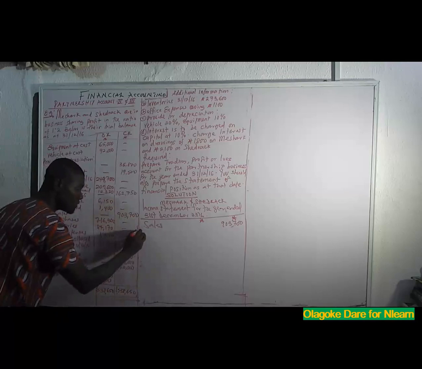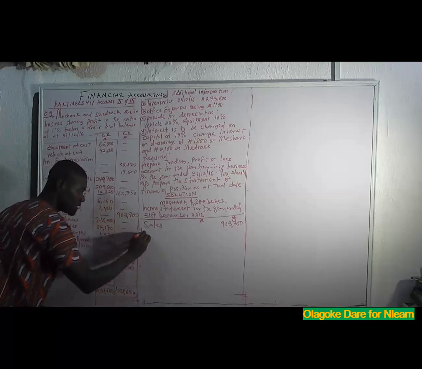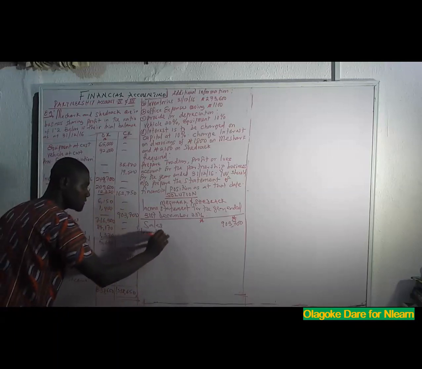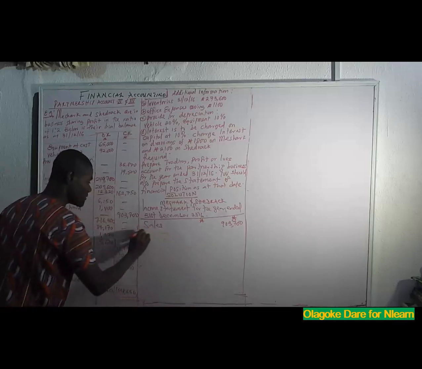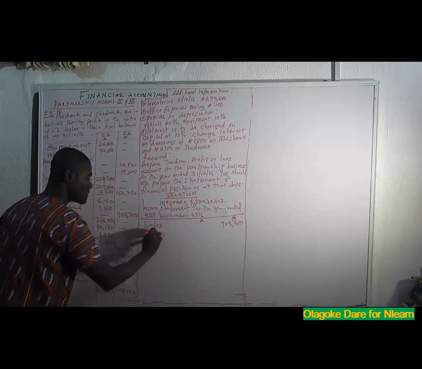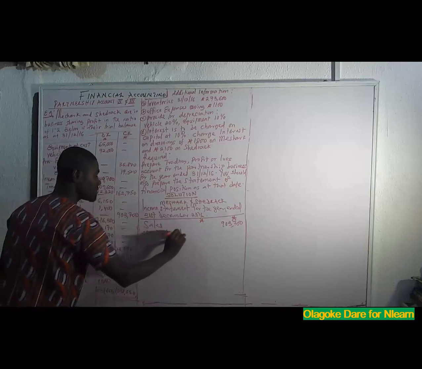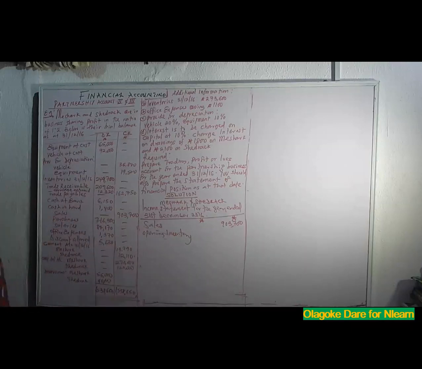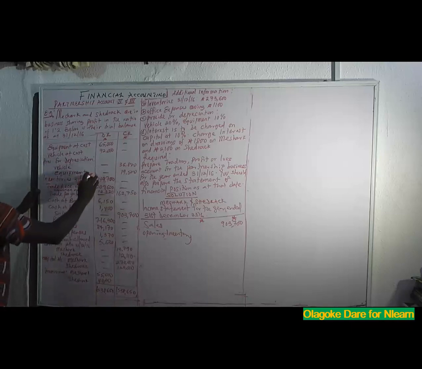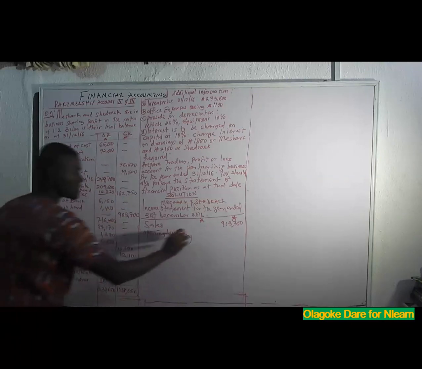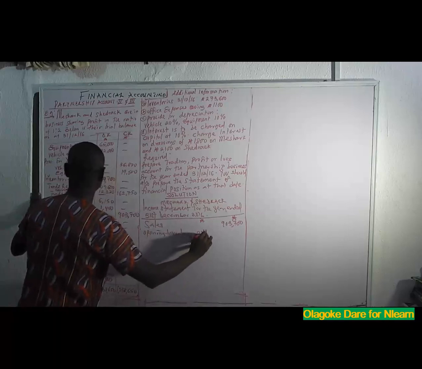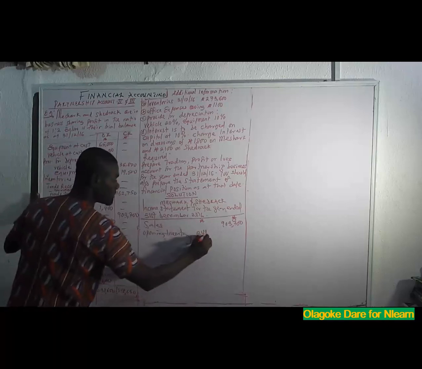So we put our inventory. That's our opening inventory, and our opening inventory is this. Let me tick here: 249,700.